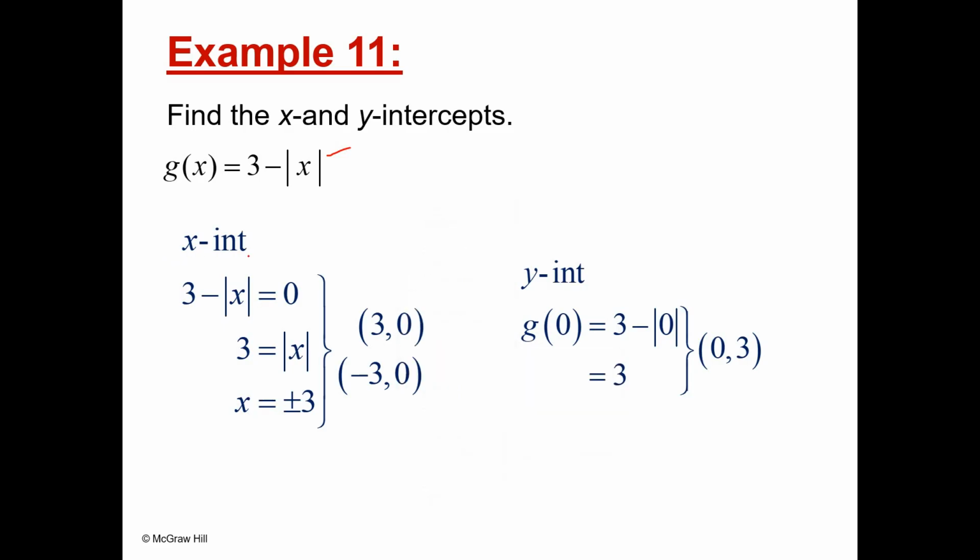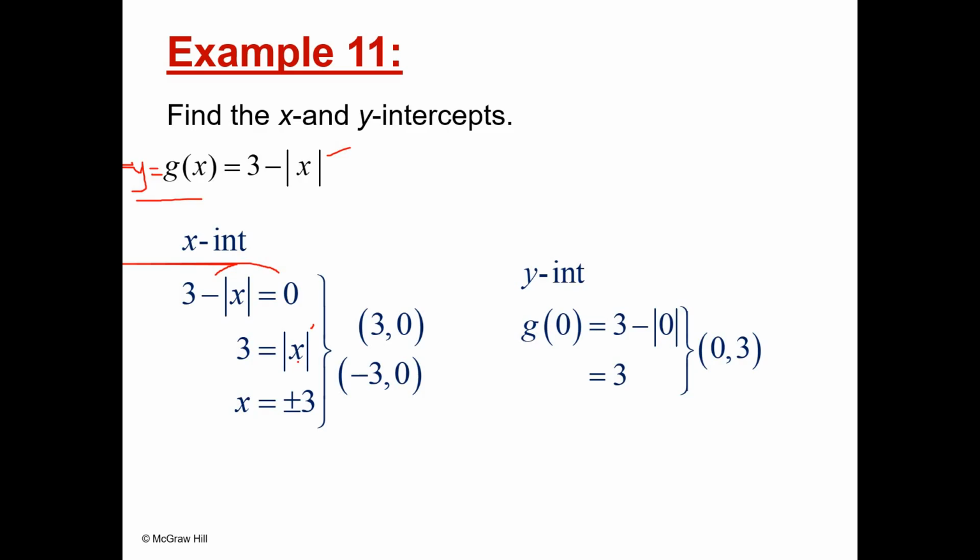For the x-intercept, we said that y is equal to the function g of x. Take g of x equal to 0. This means 3 minus the absolute value of x equals 0. Let's isolate x to find its value. So we're going to move it to the right side, and this negative sign will be positive. We want x, so we need to remove the absolute value.